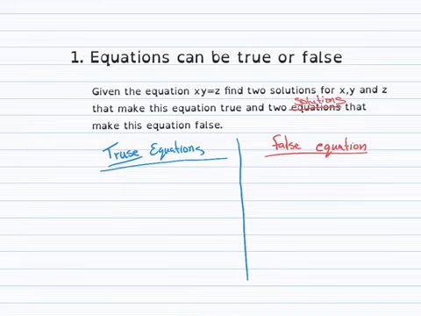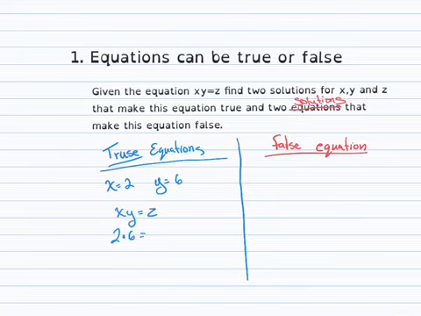If I wanted to make this true, let's say that I want x to be equal to 2 and y to be equal to 6. That would mean if I'm dealing with my equation xy is equal to z, that I would have 2 times 6 is equal to, that means that z has to be 12. So this would make one true equation.